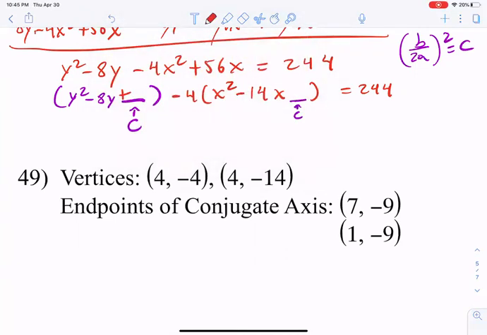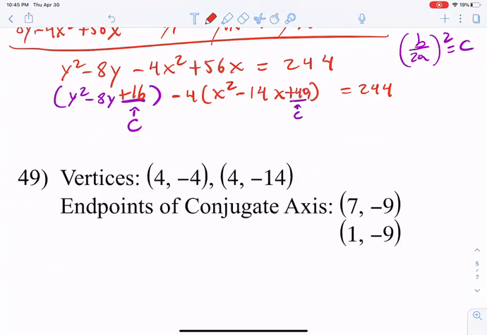This is written in the form ax squared plus bx plus c, so to find the c term, basically you divide this term by 2, you square it, and you get your answer. I assume that you know how to do that. So 8 divided by 2 is 4, 4 squared is 16, and 14 divided by 2 is 7, 7 squared is 49.